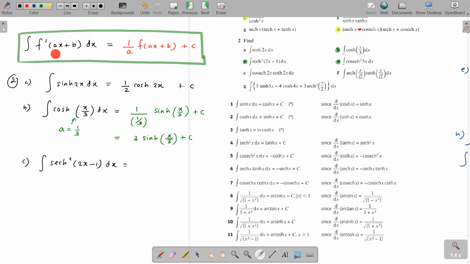So sec square 2x minus 1 gives you 1 over a. Your a value is 2 in this case. So 1 over a, sec square integration is tan, 2x minus 1, and don't forget the plus c.